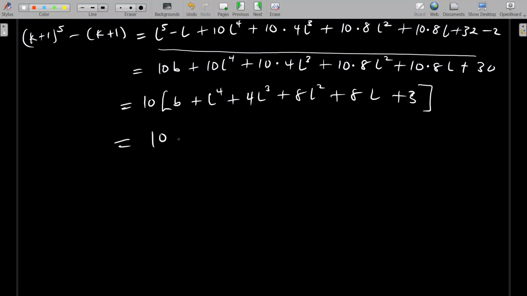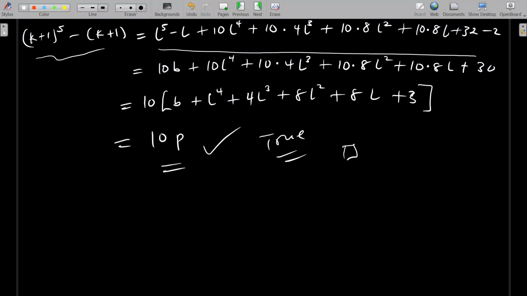This is 10 multiplying some constant p. So the idea was to write the expansion of (k+1)^5 minus (k+1) to be 10 multiplying something. And indeed, we've been able to do that. So this is true, right? So for n equals k plus 1, it's actually true. So we've been able to prove that. So the claim is proved.